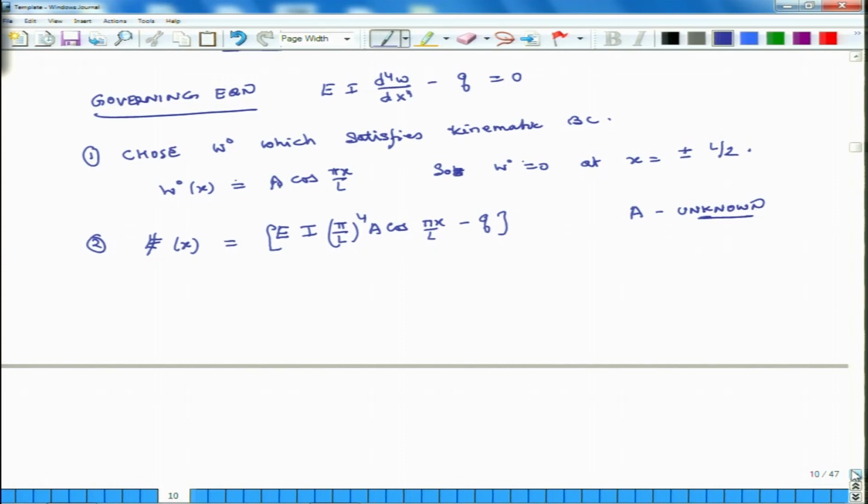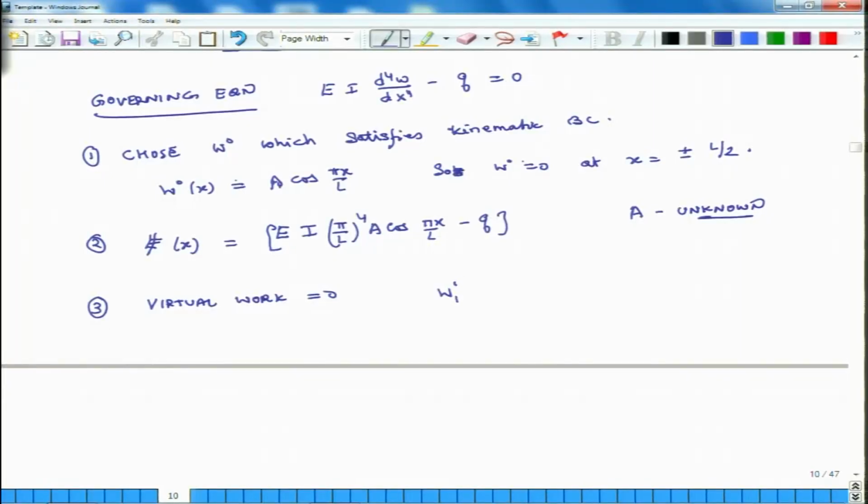The third thing is, I have to now use this and create an expression for virtual work and equate that to 0. So virtual work should be 0, and to find virtual work I have to also assume a virtual displacement function.